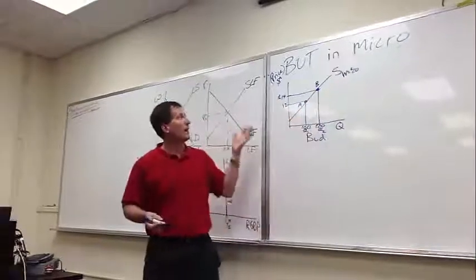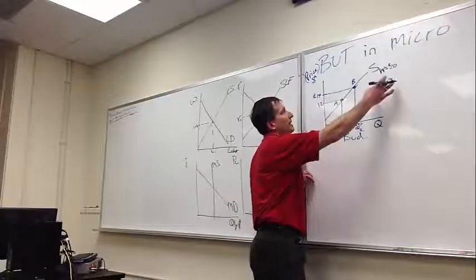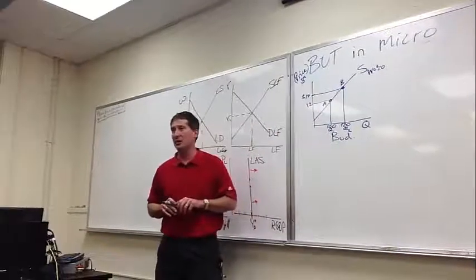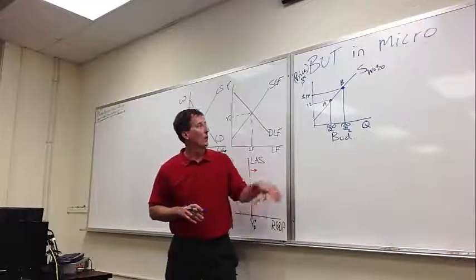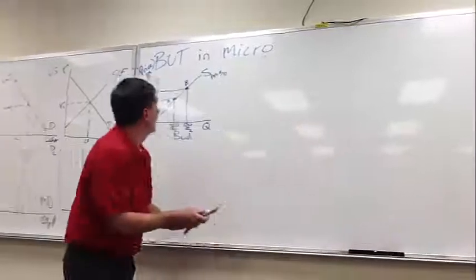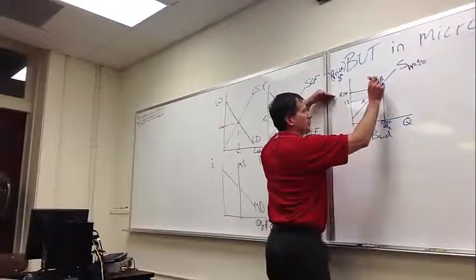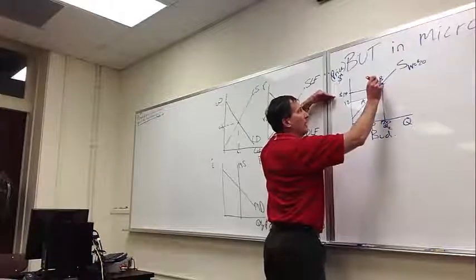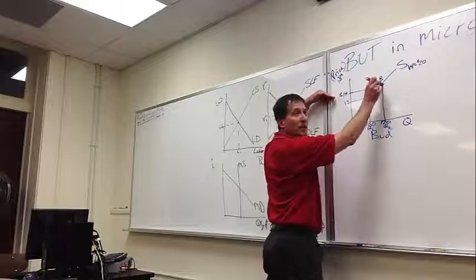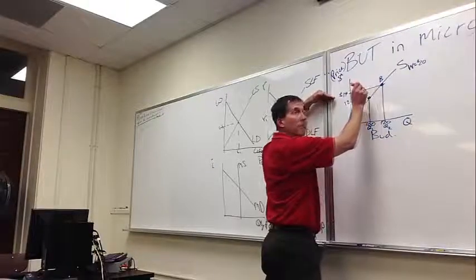Now, if I was to play some games and say, well, what would be the quantity supplied if the wages went up to $30 an hour? What would happen? So at $14, Budweiser used to supply 120. Now are they going to supply more or less when the wages they're paying are $30? Less, right?